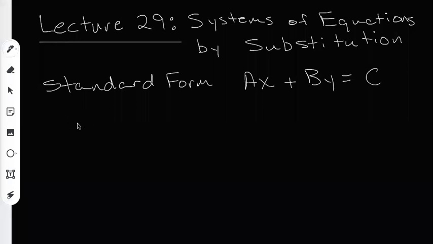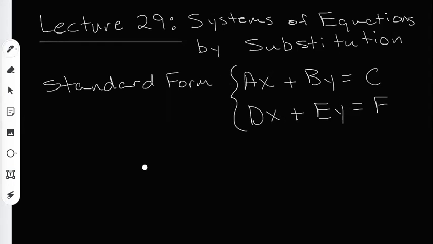So when you have a system of equations, you're going to have more than one equation at the same time. So you could have ax plus by equals c, or you could have something like dx plus ey equals f. So here I have two different equations.